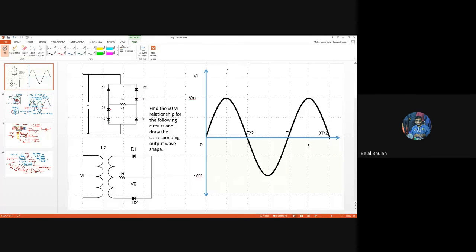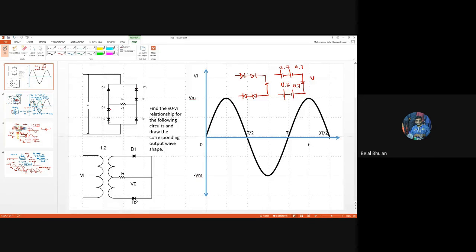So when I need to find the transition state voltage, it will be simply like this. So 0.7, 0.7, 0.7, 0.7.